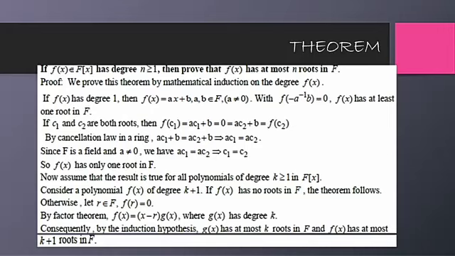By factor theorem, which is just dividing a polynomial by another polynomial, this is the divisor. Now we are going to divide one polynomial by the other to get the quotient g of x, which is of degree k. Consequently, by the induction process, g of x has at most k roots in F and f of x has at most k plus 1 roots in capital F.